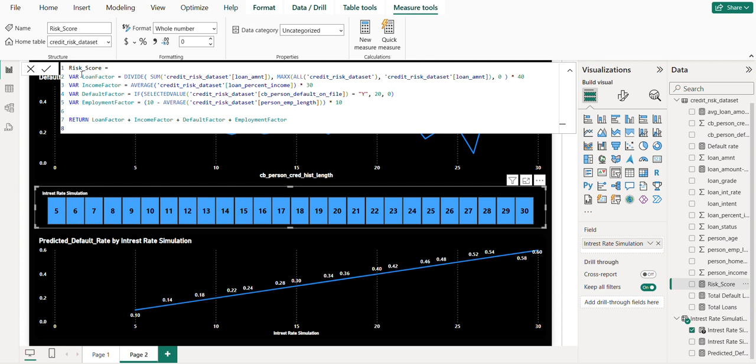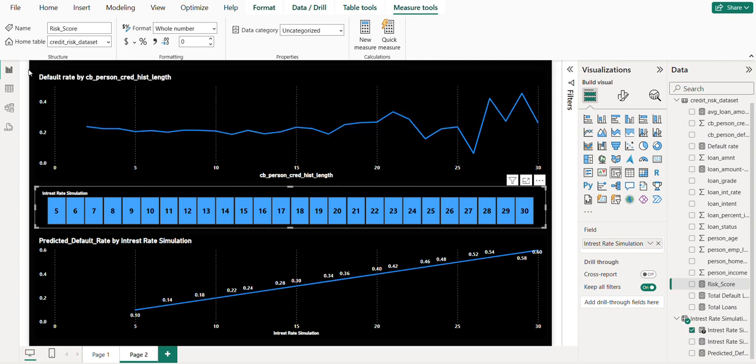The loan factor is multiplied by 40%: a higher loan amount increases the risk. Then the income factor is 30%: higher income reduces the risk. Then the default factor is 20%: past defaults may increase the risk. Then the employment length factor is 10%: shorter employment history increases the risk.